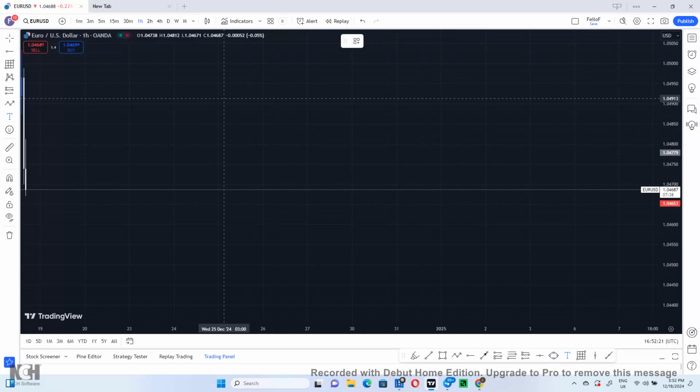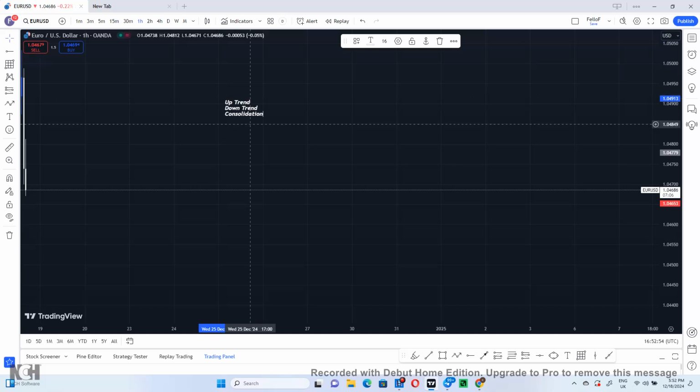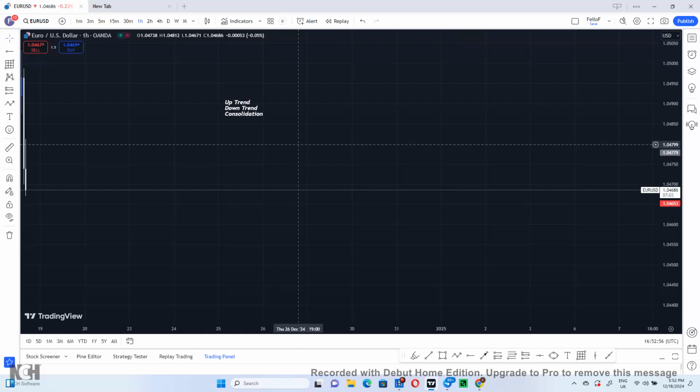let's say uptrend, we have the downtrend, and we have the consolidation. So these are the three things you're looking for when you talk about price action.